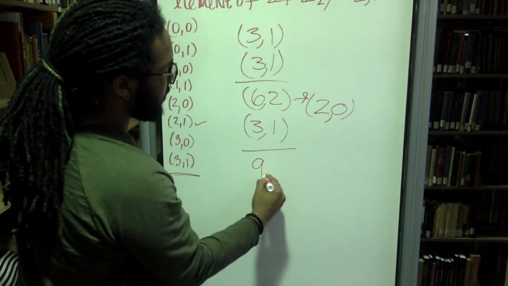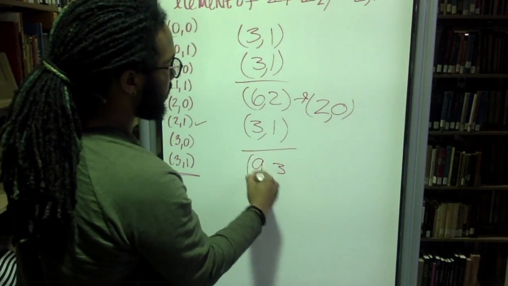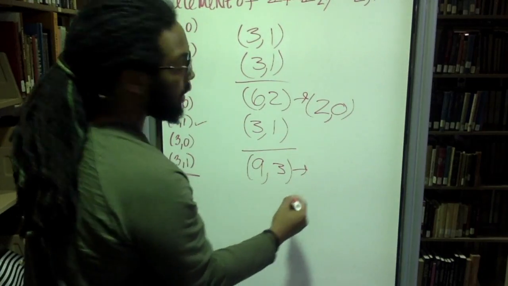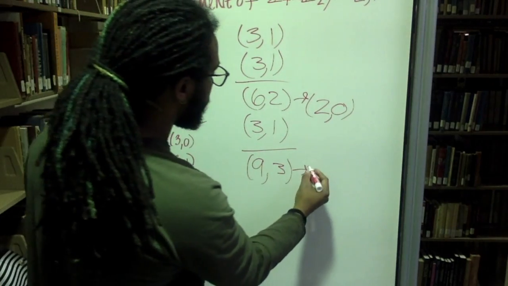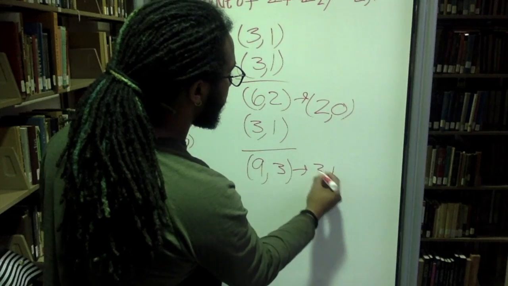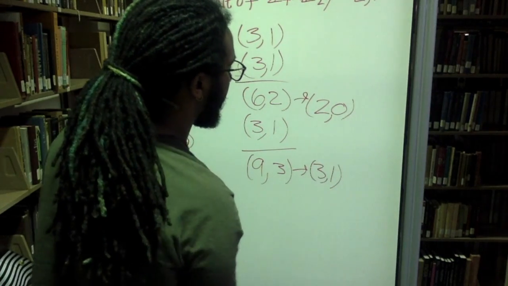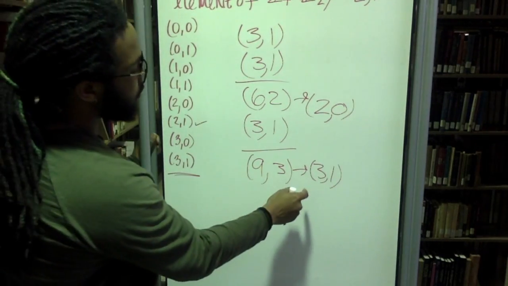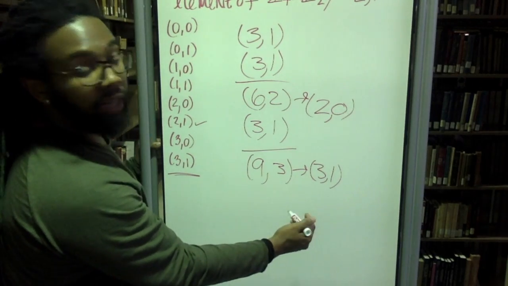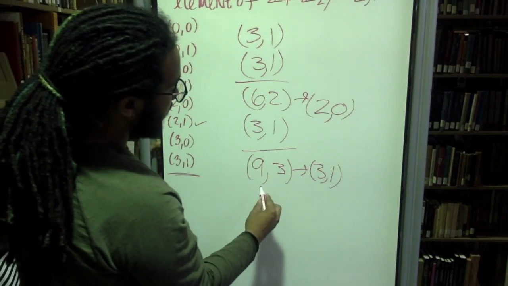Here we have (9, 3). (9, 3) translates into (3, 1). Again, we don't have the identity element, so we'll add (3, 1) again.